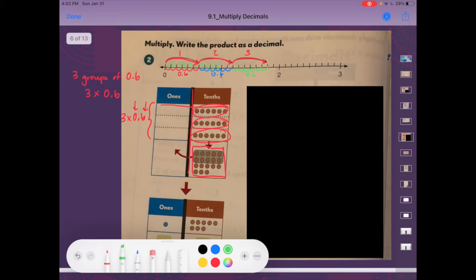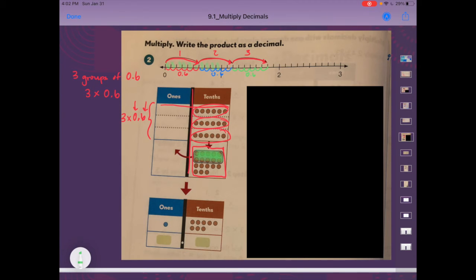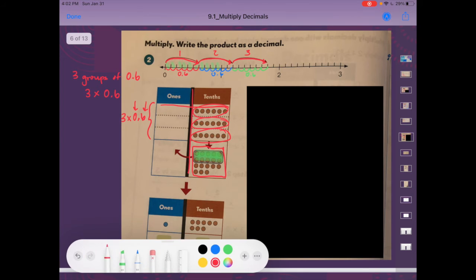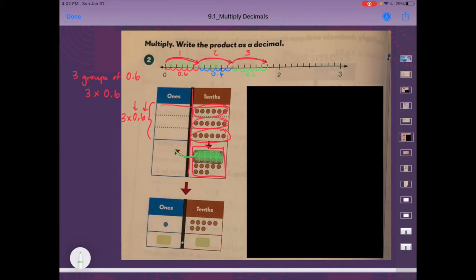Now, we know that 10/10 will regroup, and that would become one whole. And then we are left with 8/10, right? So we are left with this remaining 8/10. So we have 8/10 and one whole, and so the product of 3 times 0.6 would be 1.8.